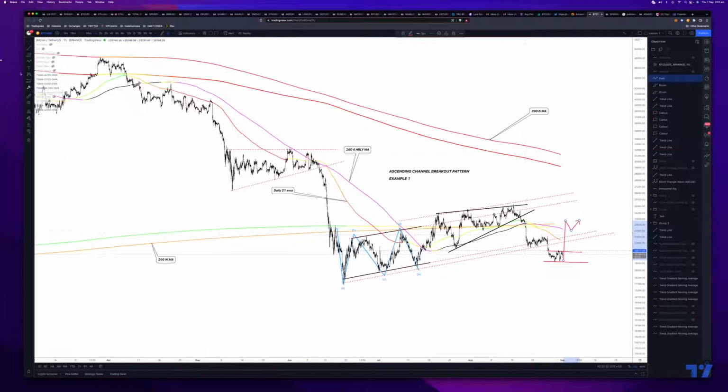So this level, if I was to articulate it, I would say that is the main, significant resistance. These are spreading apart, but you can see the weekly 200 moving average, with the SMA and EMA right at the 22,800 range.